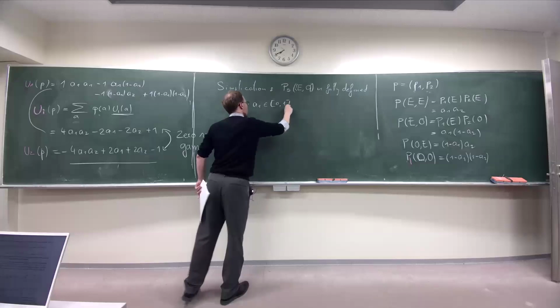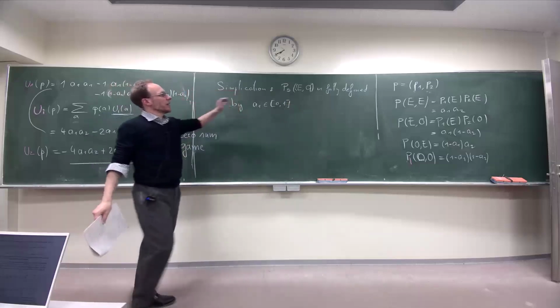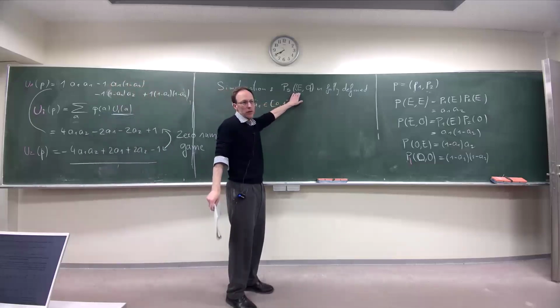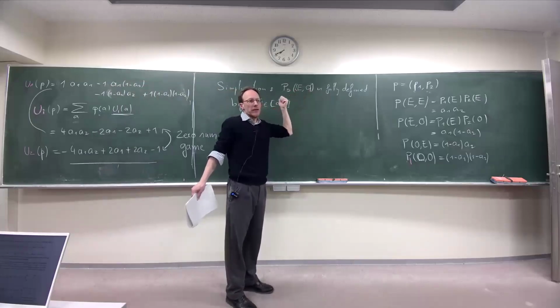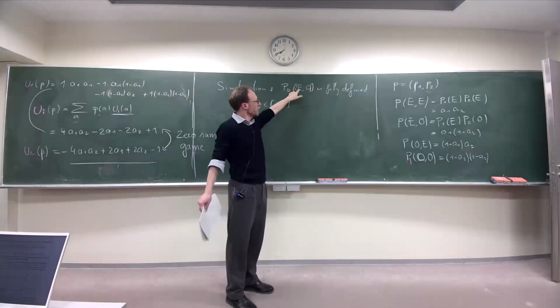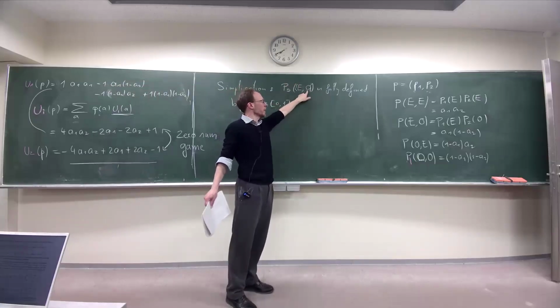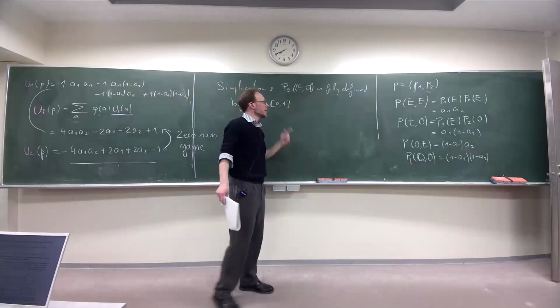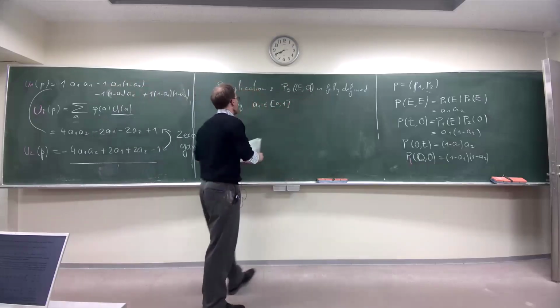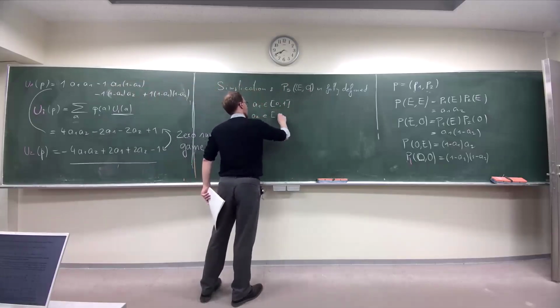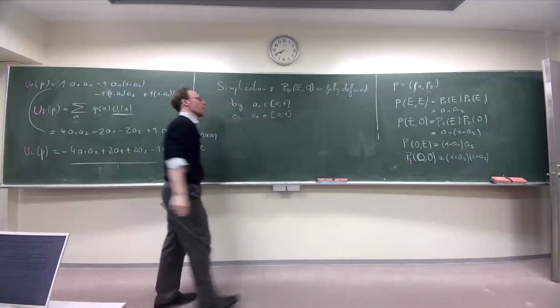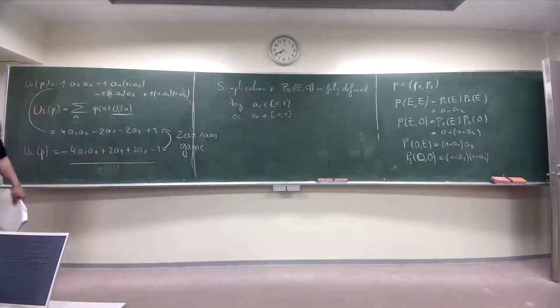And maybe you observed it before. If the first player says he puts A1 on this, automatically he has to play 1 minus A1 on this. So I only need one piece of information. I just need this number A1. Because if I decide to put probability A1 on E, automatically it's 1 minus A1 on O. And the same for the second player. I only need A2 inside 0, 1, because if you know the probability on one point, you know it on the other one. That's clear.